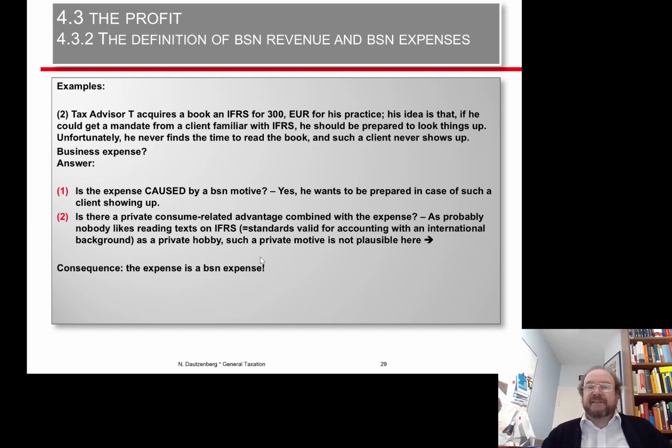So some standards on bookkeeping for enterprises with a large international background. And he thinks it might be interesting for my job. I buy a book for 300 euro, indeed not cheap, and his idea is if you ever get a client who wants to know about IFRS, you can look things up there and you can prepare yourself when you have free time.